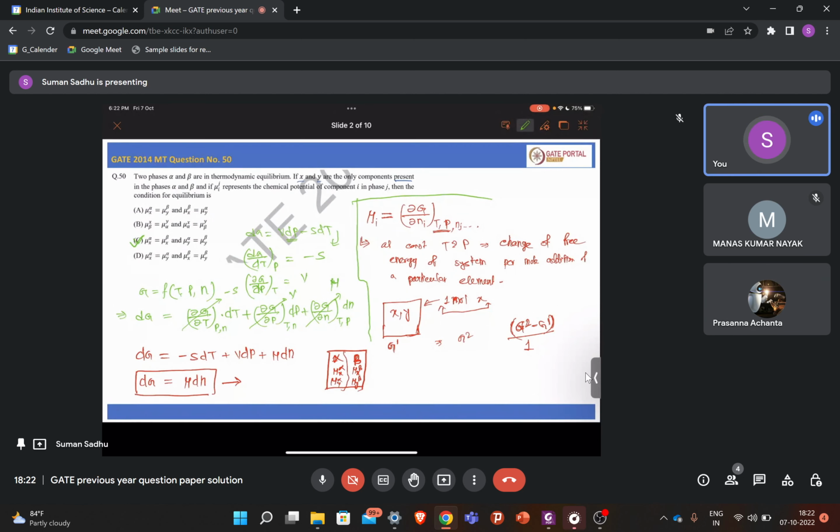option A. Option A means chemical potential of x equal to the chemical potential of y. How can that be? The chemical potential of x on both sides should be similar. Then only it will be under equilibrium.